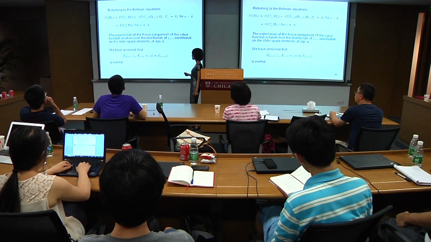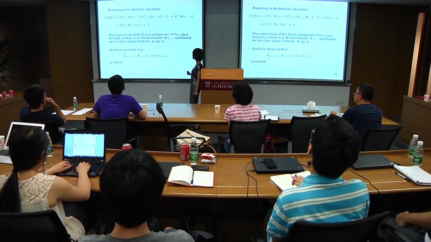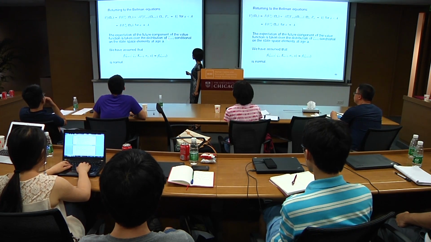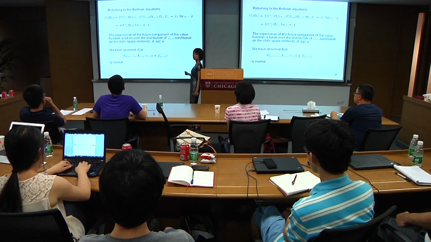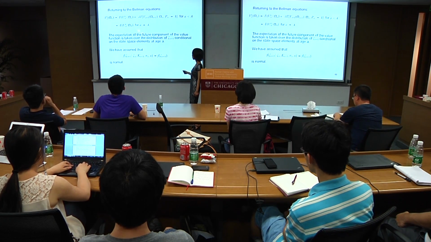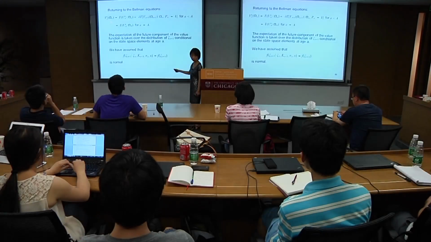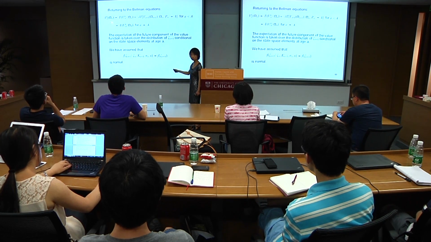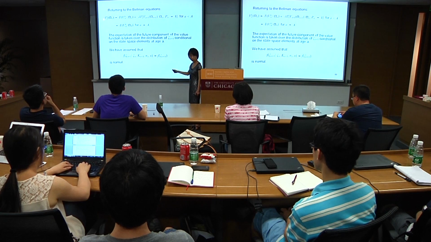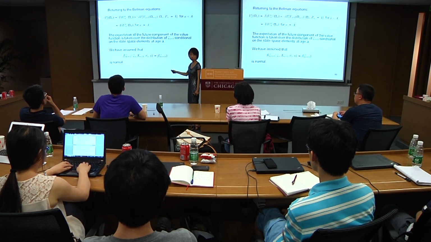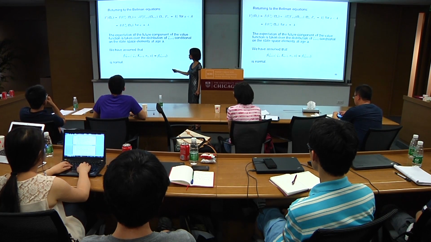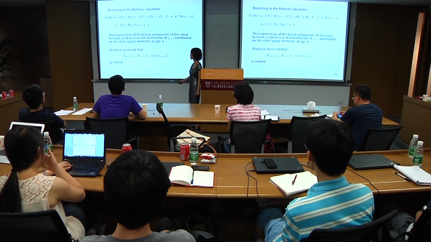The expectation of the future component is taken over the distribution of future wage shocks of the Y. Why is the current one also expected? Because, yeah, exactly, the husband's wage shock is not observed yet. That's why this is also expected.